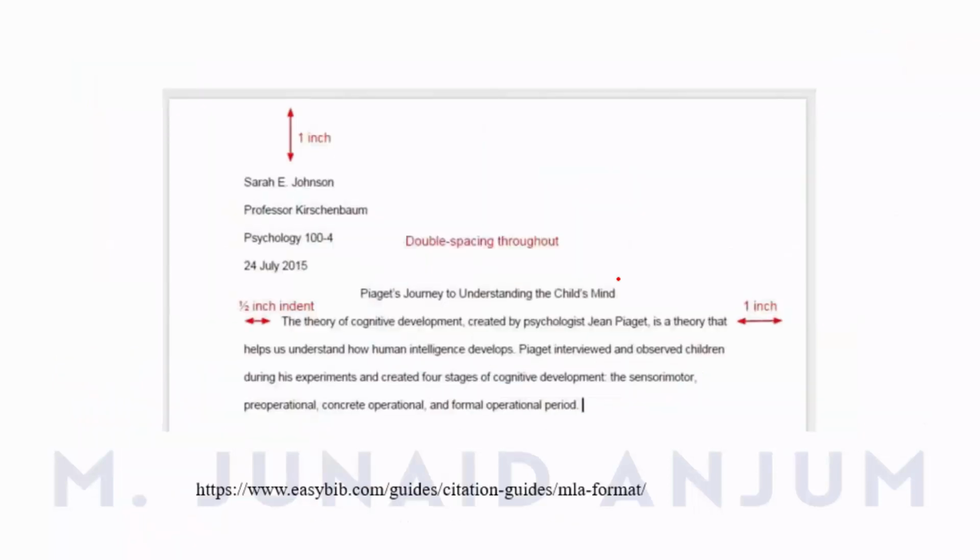But this is not just in-text citation and the bibliography, this formatting is for the whole document. This is for an MLA style document. In this, their guideline tells you that you should use a 1-inch margin on each side, and when you start the first paragraph or a new paragraph, you should give a 1/2-inch indentation.